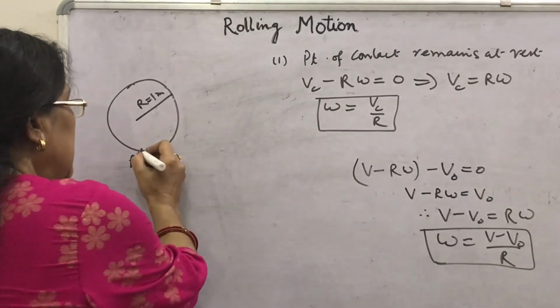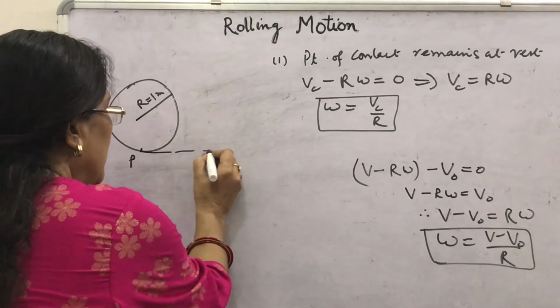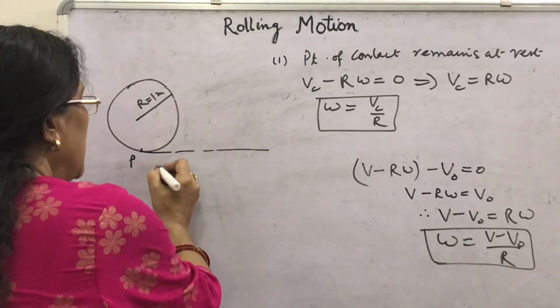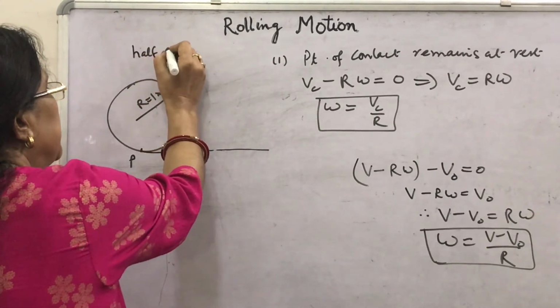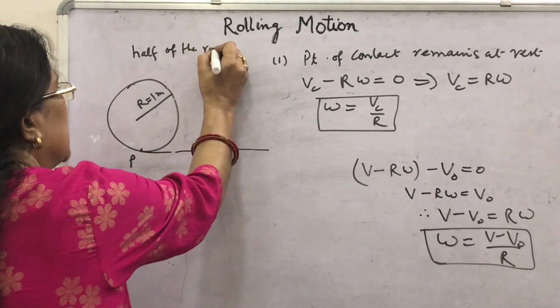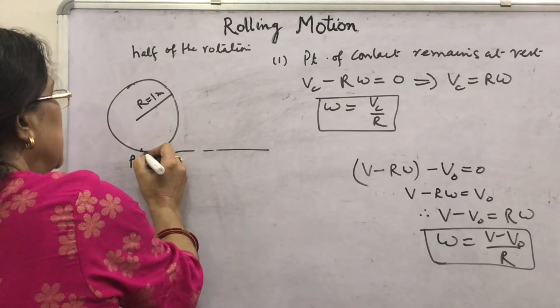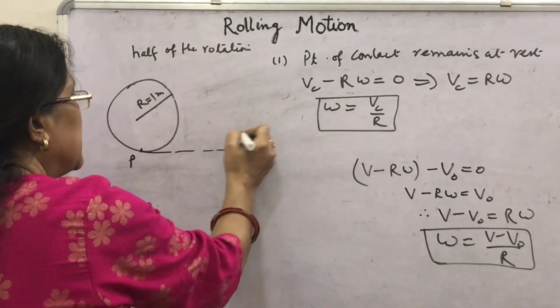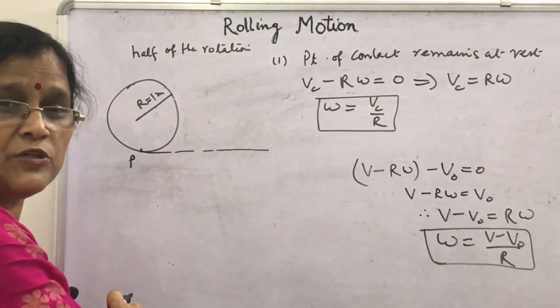How will you calculate the displacement of the point P? Suppose the wheel is rotating and half of the rotation, not displacement, half of the rotation. That means this point P after the rotation from the lowermost point, where will it come? At the uppermost point.